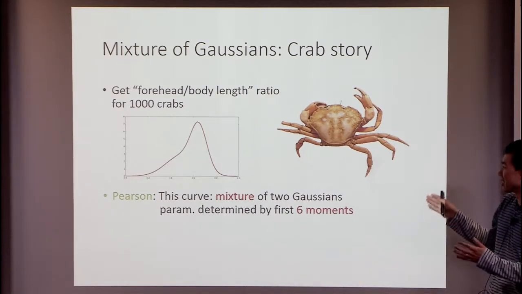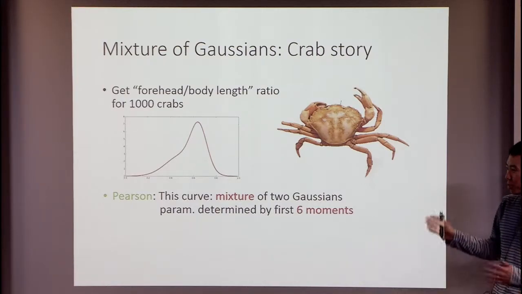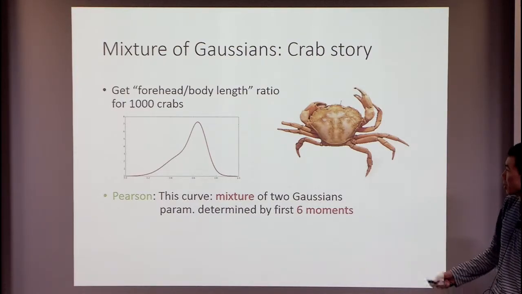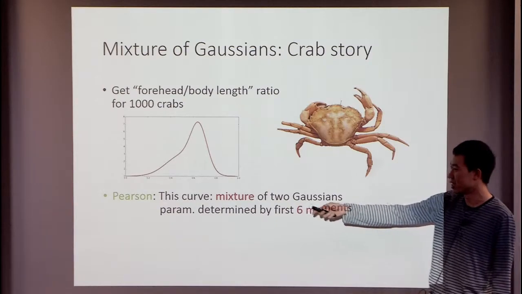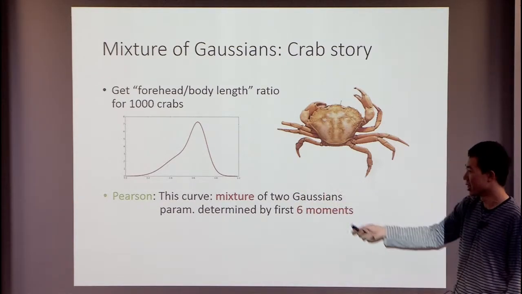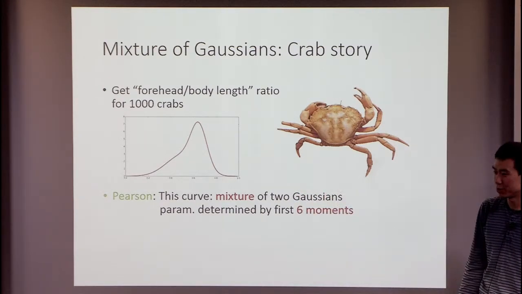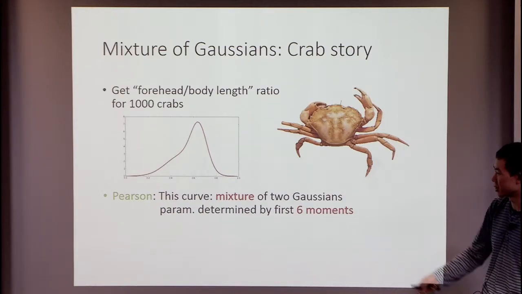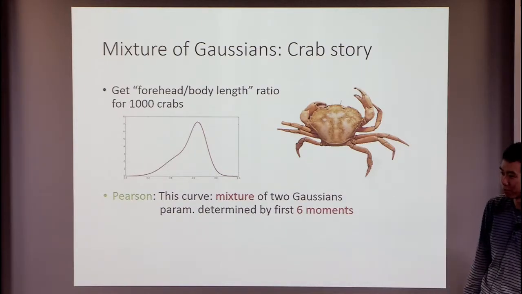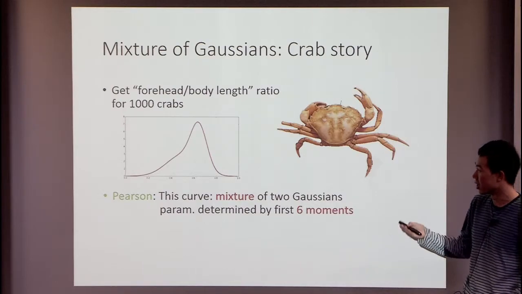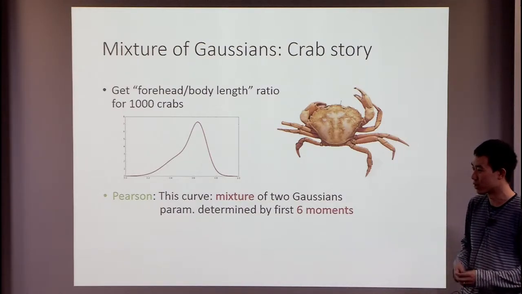But because these two kinds of crabs are mixed together, when you plot the density function of this ratio, it becomes a mixture of two Gaussian distributions. So the density function will just be the sum of the density functions of two Gaussian distributions.